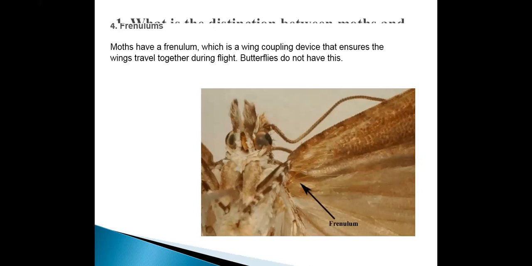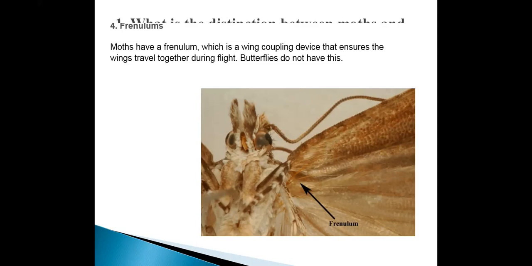Then next is the frenulum. The frenulum is a very tiny feature, and many people would not notice it. This frenulum is a coupling device which ensures that both the wings travel together during flight. Moths have this structure and butterflies don't.